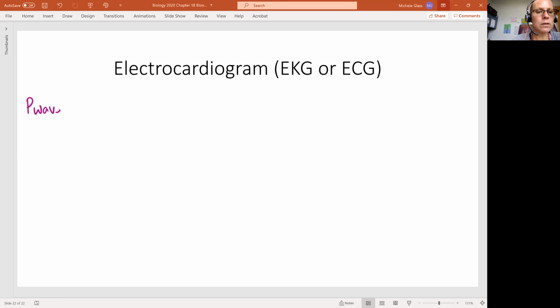So we're going to have what's described as your P wave, and this is giving you information about the depolarization of the atria. And then we get what's called the QRS complex, and that's telling us about the depolarization of the ventricles.